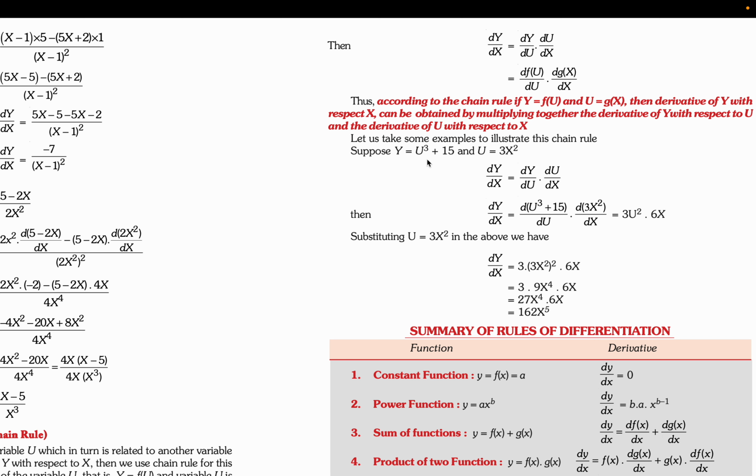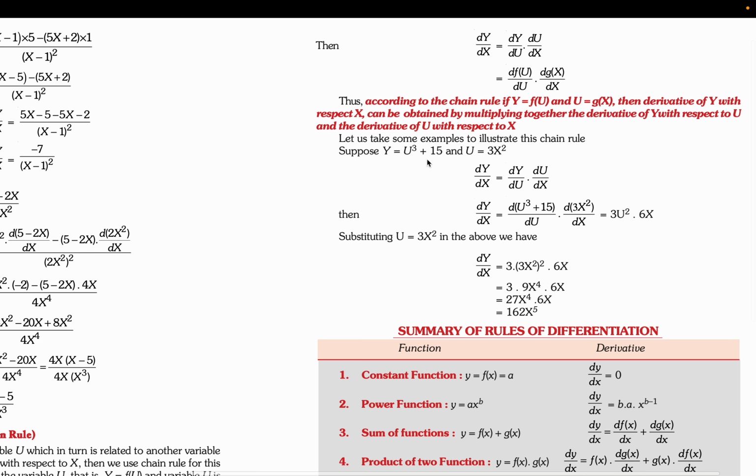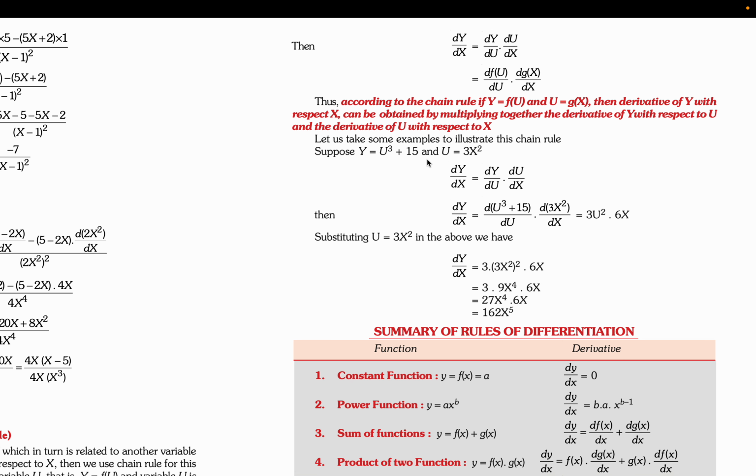Let us take some examples to illustrate the chain rule. Y is equal to u cube plus 15, and u is 3x squared. Let's try to find out dy by du first.